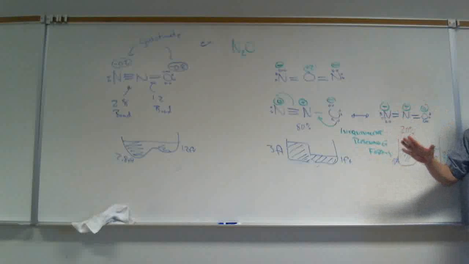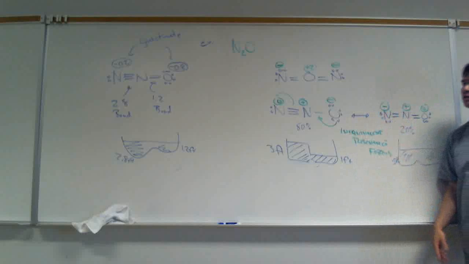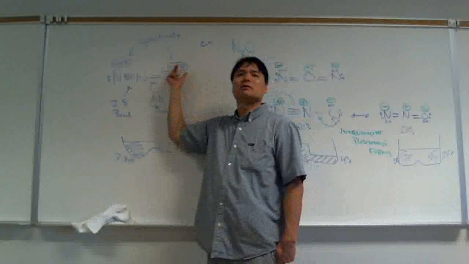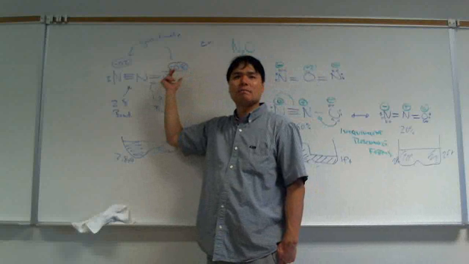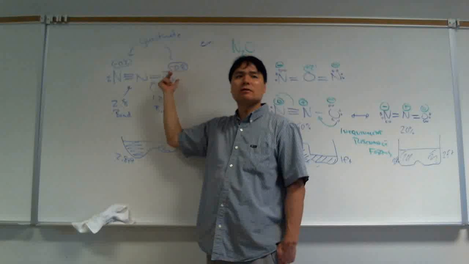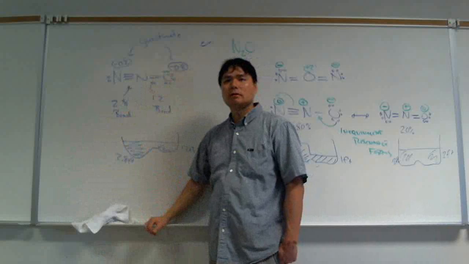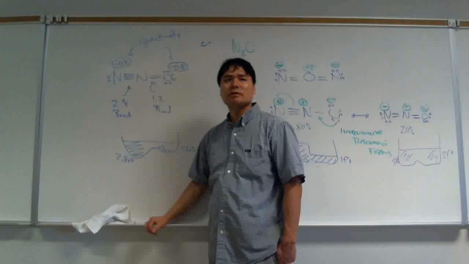It would be halfway between if these were equal. What Spartan's going to show you is, you click on this atom and you'll see it's about 0.8. And so this tells you that oxygen pulls more electron density. This is some information we can get from Spartan.